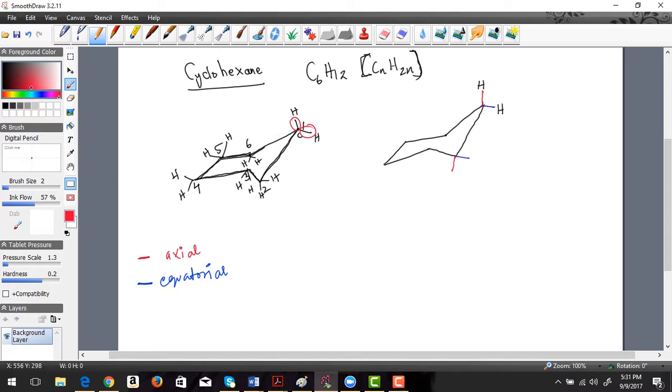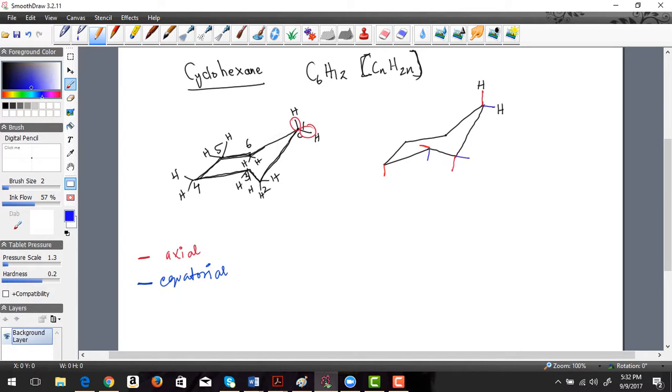This takes a little bit of time to get used to, but we might spend a little more time on this. So if this is equatorial, from here it's easy. If this is axial, that means this has to be equatorial, which means the other bond on this is axial. You want to be consistent. So this is axial, this is equatorial. Because this is equatorial, the next one, you guessed it, this is axial.